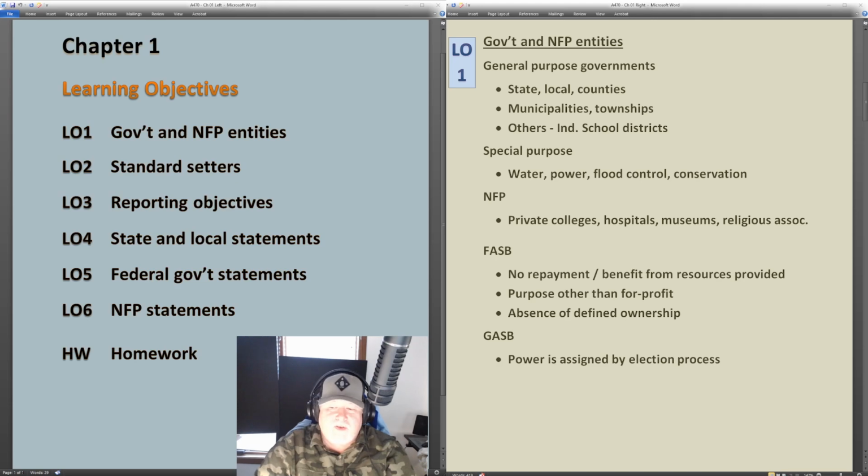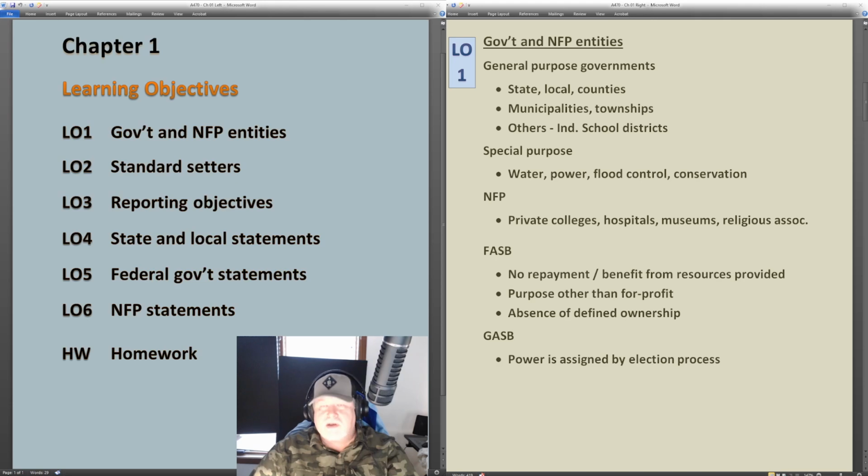And the third is absence of defined ownership. What do we really mean by that? In regular accounting we spend a lot of time talking about shareholders and stockholders. If you buy a share in a company, you have a couple of rights: you can vote for the board of directors, and if the company is liquidated you're entitled to a share of the proceeds, although as a common stockholder that's probably not very likely.